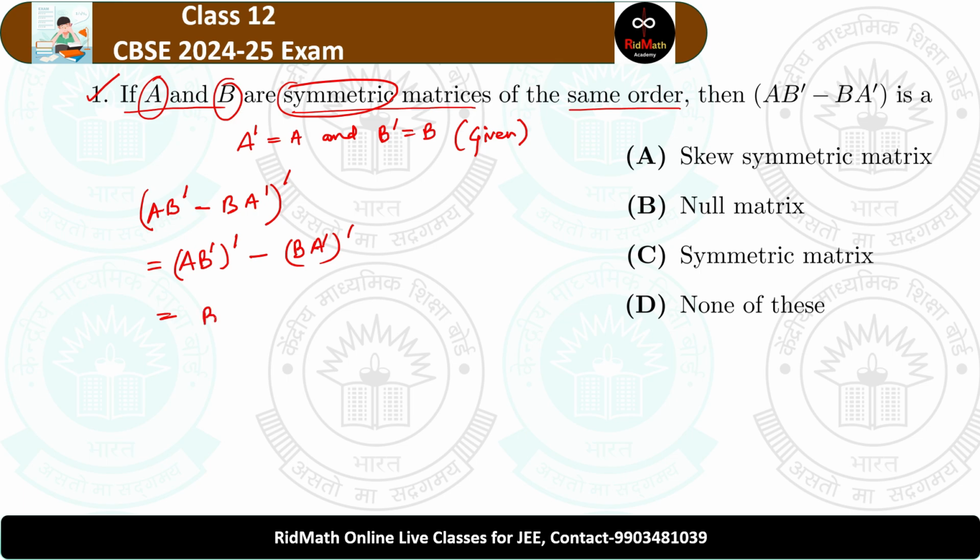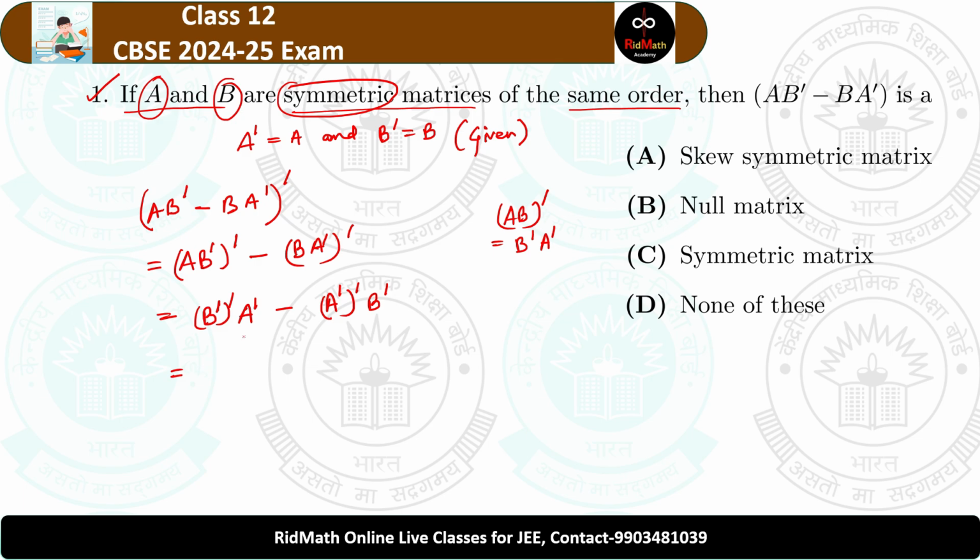So B transpose and its transpose into A transpose minus A transpose again transpose into B transpose, because we know that (A B) whole transpose is equal to B transpose into A transpose.